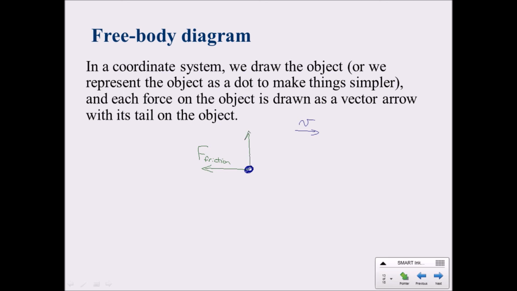And then as it slides across the ground, the ground pushes up on the object. And so we have that force of the ground pushing up on the object, so we draw that vector with the tail on the object. And then we have the force of gravity, the weight of the object, which we're going to talk about in later notes. We have that force of gravity pulling down on the object.